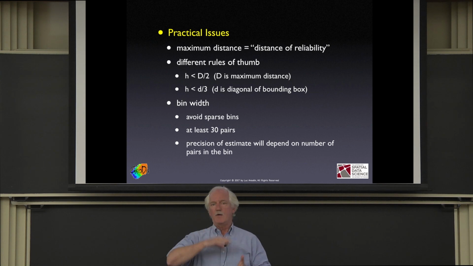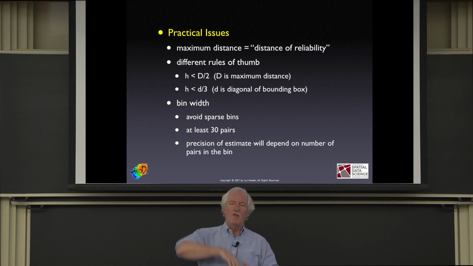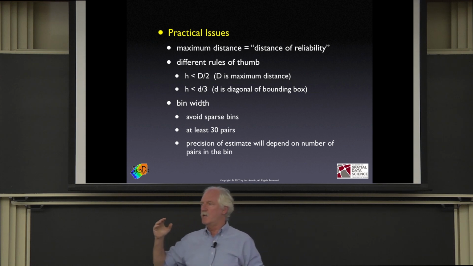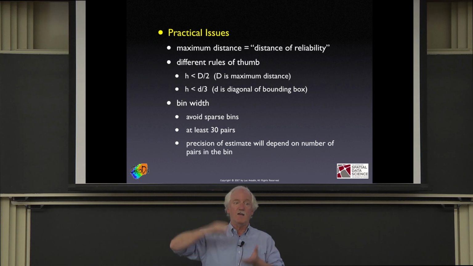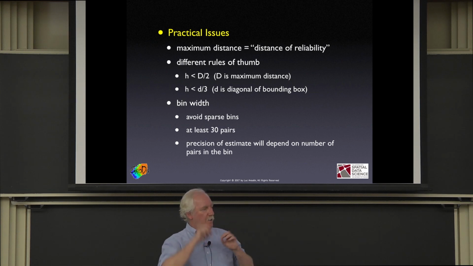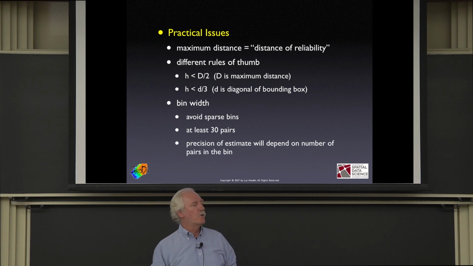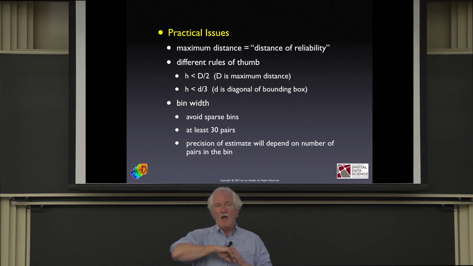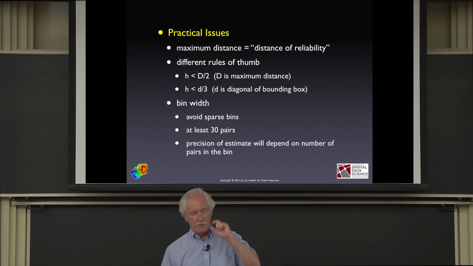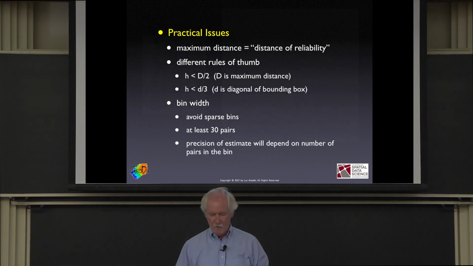At some point, it doesn't matter anymore if you have thousands of pairs; the difference in precision is not going to be a big deal. But if there's very different densities, if you wish, in each of the bins, then the precision of these values will be very different. And then any regular pattern that you might expect will be very hard to detect because of the imprecision of the measure.